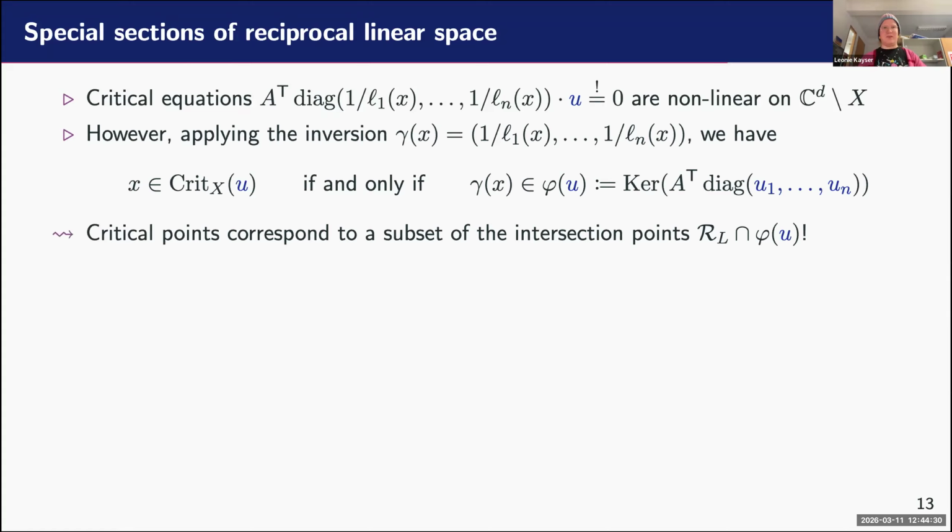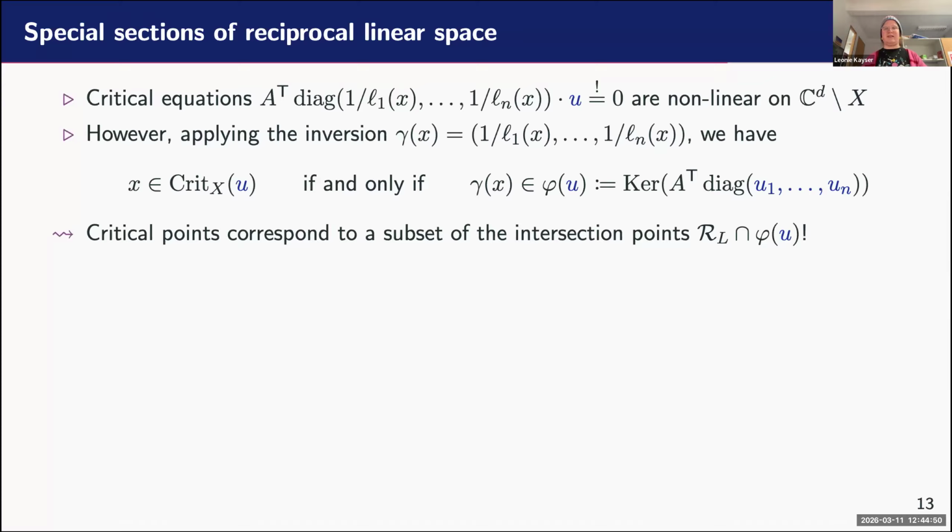To be very precise, X is a critical point for parameter U if and only if gamma of X, where gamma is just inverting the values of the linear functions at X, lies in the linear space that is the kernel of the matrix A transpose times the diagonal matrix of U.